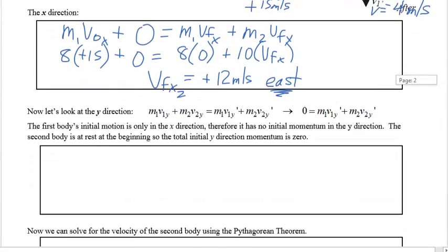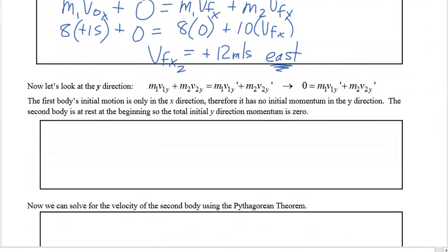So now we're going to look at the Y direction. So kind of working along the same line, right, of momentum's conserved, we're just focusing on the Y direction. We can see that initially nothing was moving in the Y direction. So because nothing was moving in the Y direction, there was no momentum. We know afterwards that 8 kilogram ball was moving south, so negative 4 meters per second.